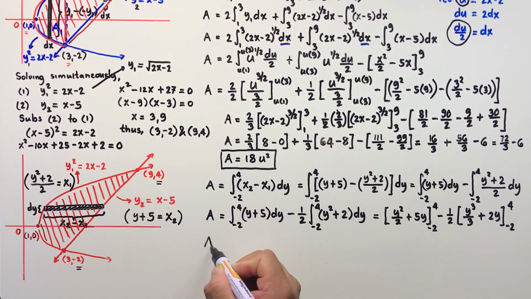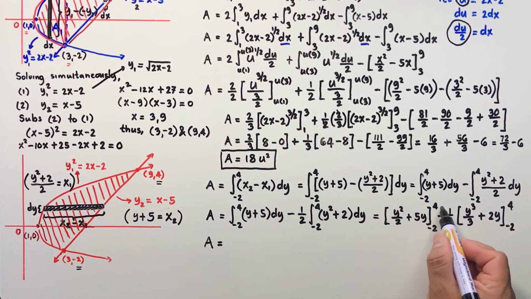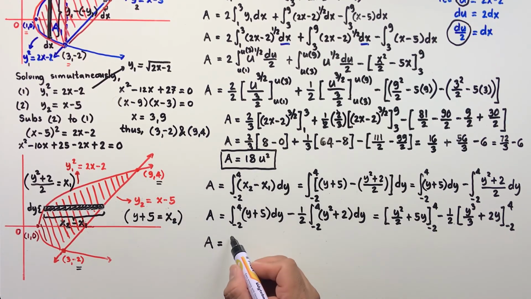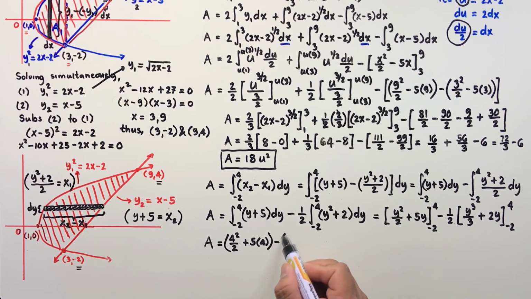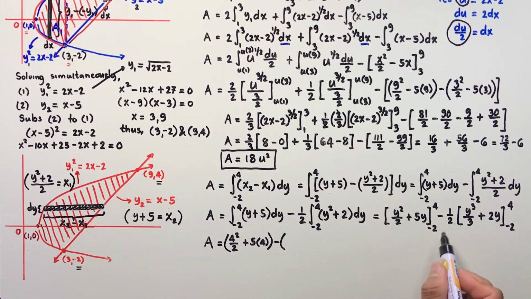Therefore, our area is equal to this expression. When substituting this 4, we have 4 squared over 2 plus 5 times 4 minus the quantity of y, which is negative 2.